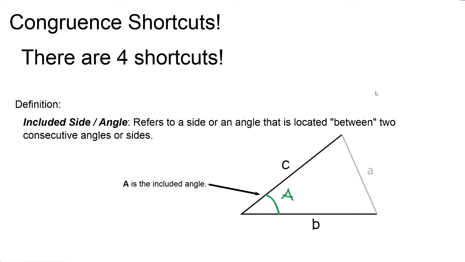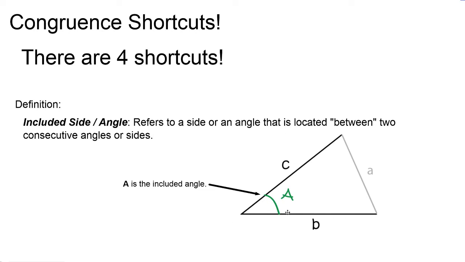So, congruent shortcuts. There are four shortcuts. The first one that we're going to talk about is SSS. What we need to understand for all congruent shortcuts is that the included side or angle refers to a side or an angle that is located between two consecutive sides or angles. So if you look at this one, angle A is the included angle here.